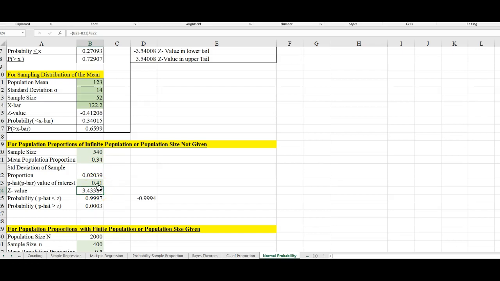The lower limit will be 0.27. So I'm going to enter in the proportion of interest for the upper limit. So the probability of having less than 0.41 is 0.9997.